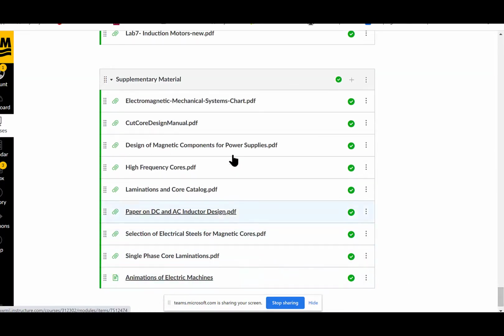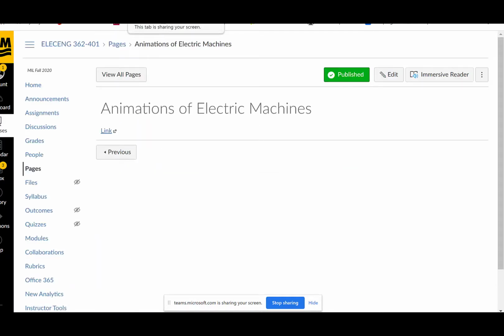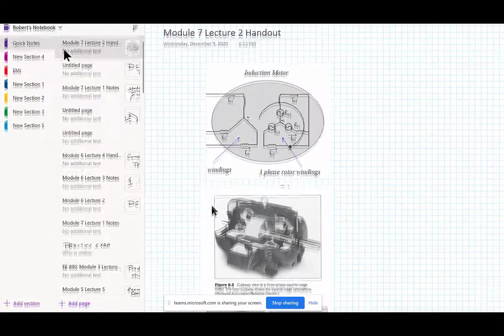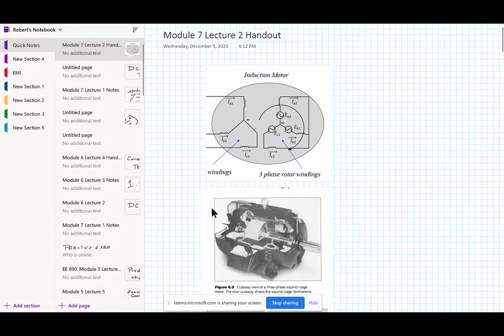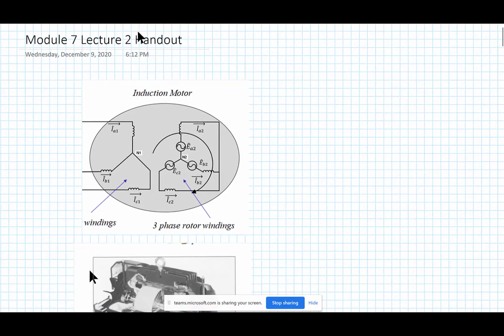Okay, animations. I want you to get a little bit of insight into the induction motor from these animations. I'm going to show you again to review. This is your equivalent circuit for an induction motor.